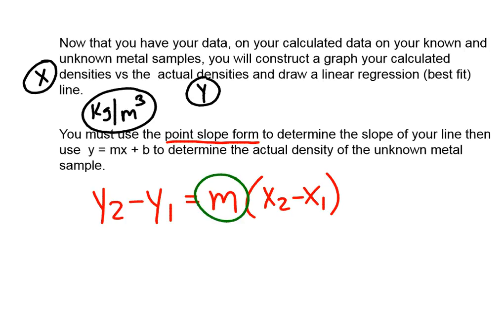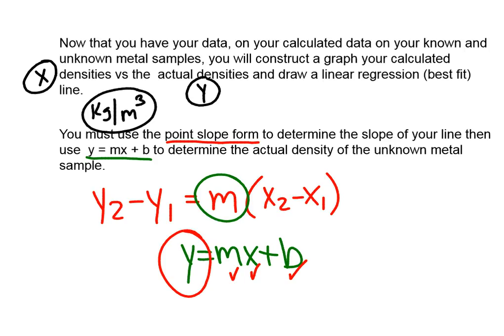Once I have the slope, then I can use y equals mx plus b. Now that I have the slope, check, and I have my x value, because your x value is your calculated density for your unknown. Check. You have the y-intercept, just look at your graph. Check.